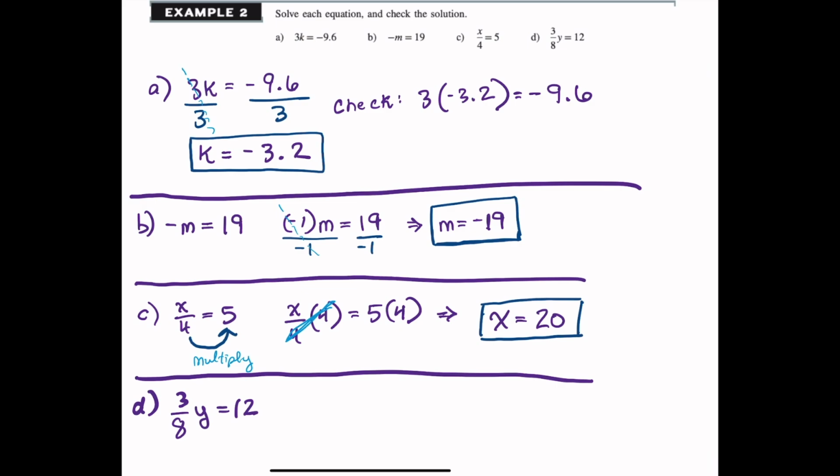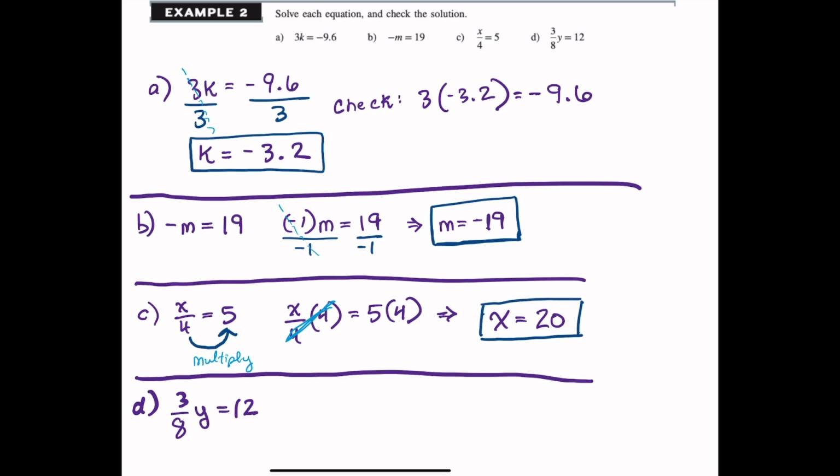It's still a linear equation in one variable. We've just given it a different name. We just called it y instead of x. So notice here it's being multiplied by a fraction, 3 over 8. There's a couple different ways that we can solve this. We still want to move everything that's not y over to the other side.